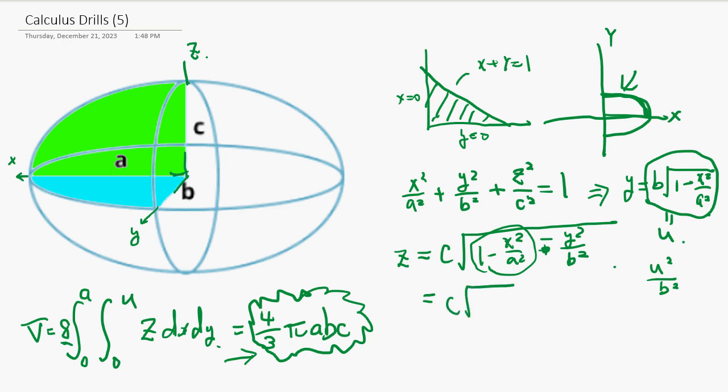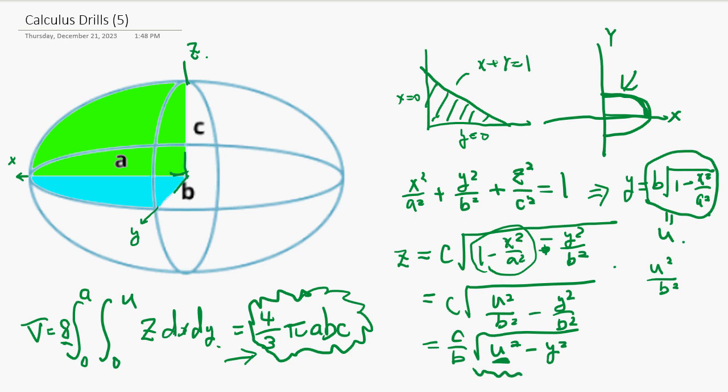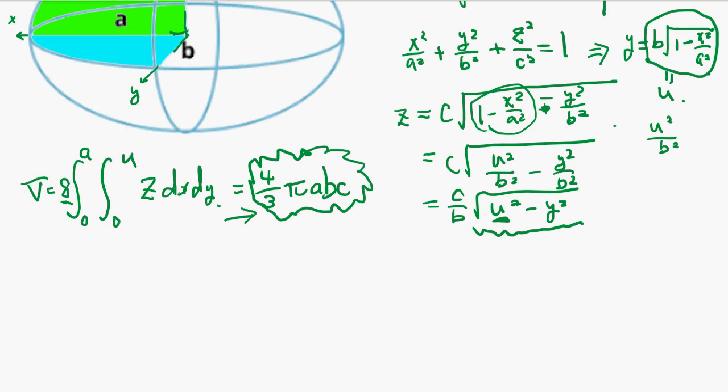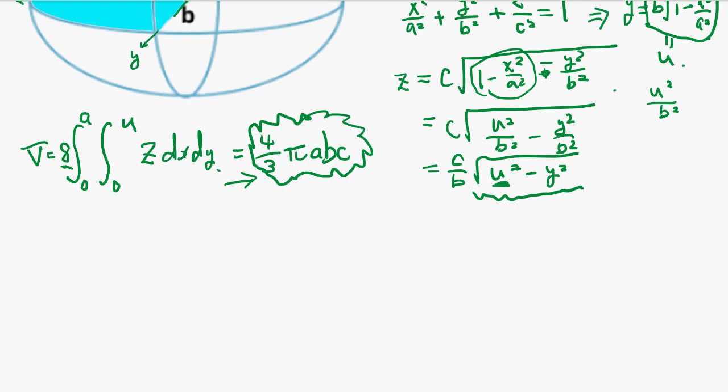So z is c over b times the square root of u squared minus y squared, and u doesn't have a y, so this is the integral you have to calculate. Okay, and this can be done.